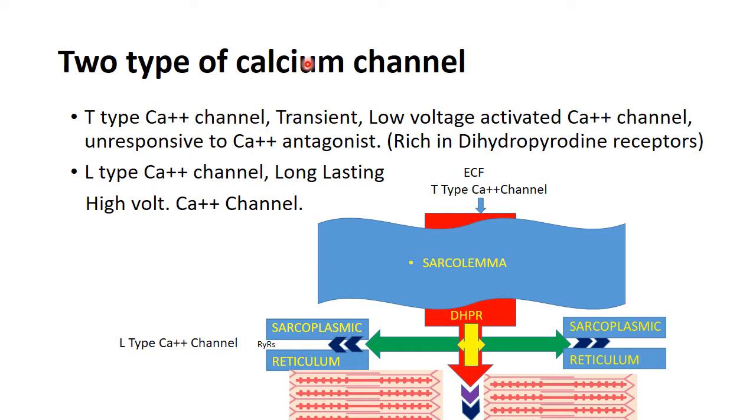So in detail, by this diagram I will show you there are two types of calcium channels. One is T-type, the second is L-type. First, we must understand this is the sarcolemma, the membrane of the ventricular myocyte.